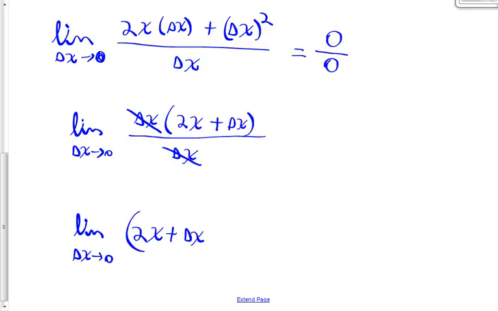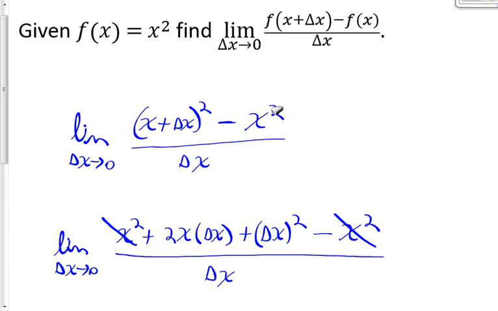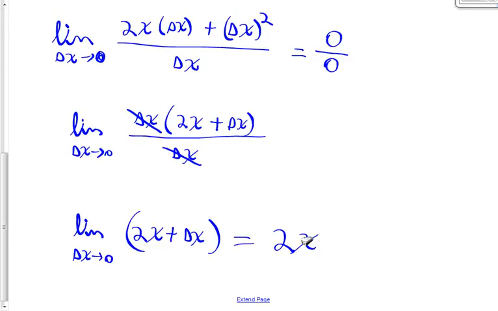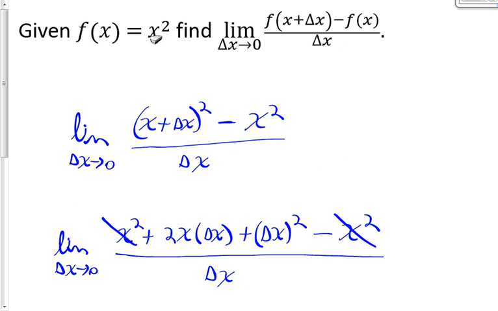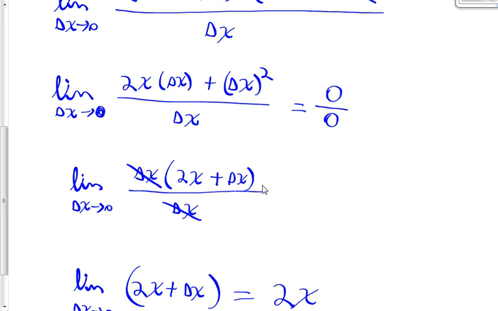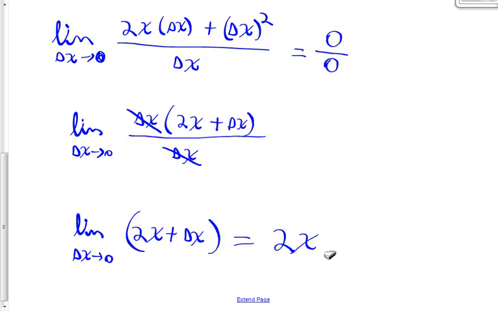Now I'm going to directly substitute again, and I get that this limit is equal to 2x. So the slope of the tangent line to the squaring function at any x value is 2 times the value of the x value.